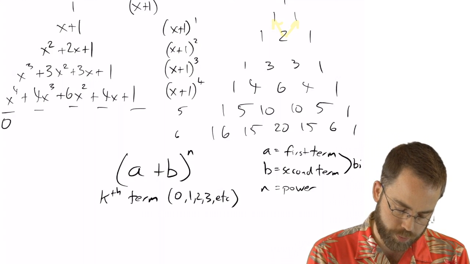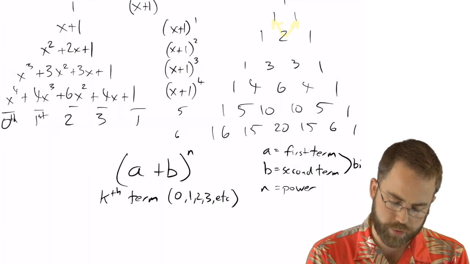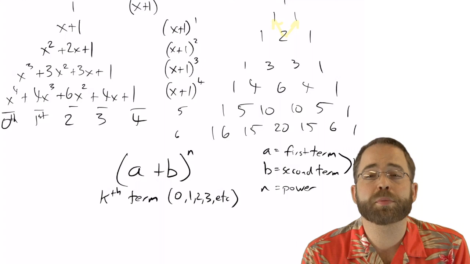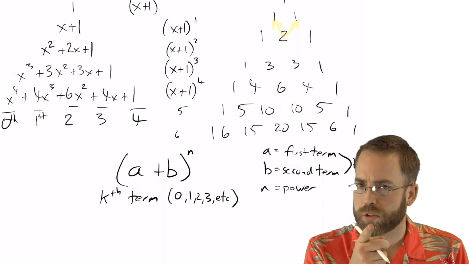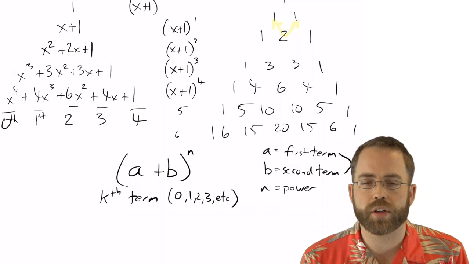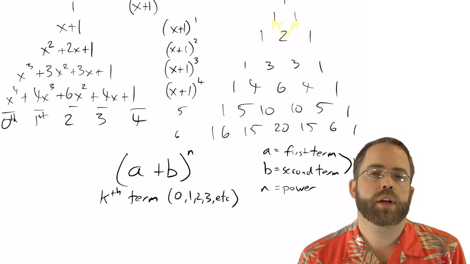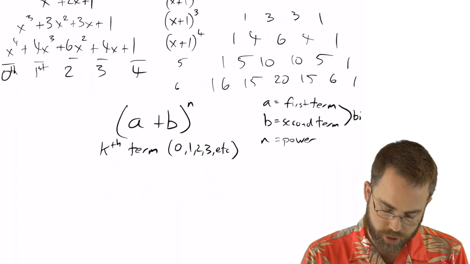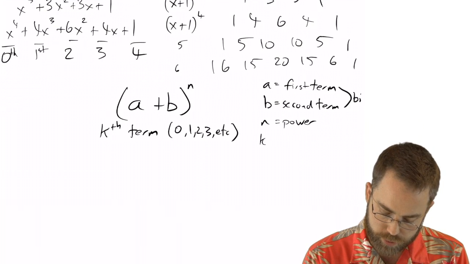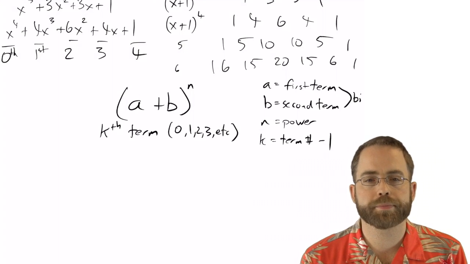So this one would be the 0th, the first, the second, the third, and the fourth. So there are 5 terms, but because it's math, you'll appreciate this. You think I'm crazy for starting off at 0, but it makes the math way easier if we start at the 0th term. So k is the term number minus 1.